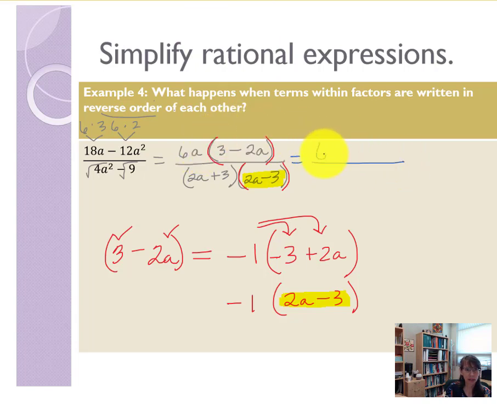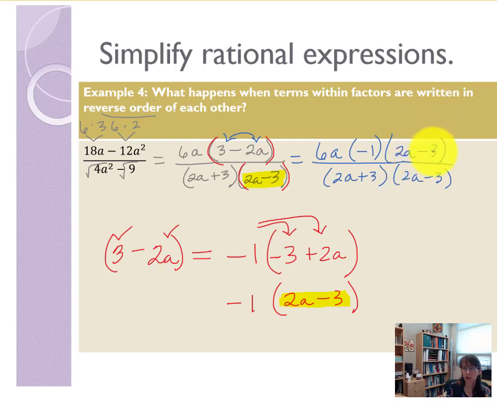In our numerator, 6a remains the same, but I factored out a -1, and that reverses the order of the terms given. So 2a is now first, and -3 is last. The denominator is not changing. 2a plus 3 times quantity 2a minus 3.